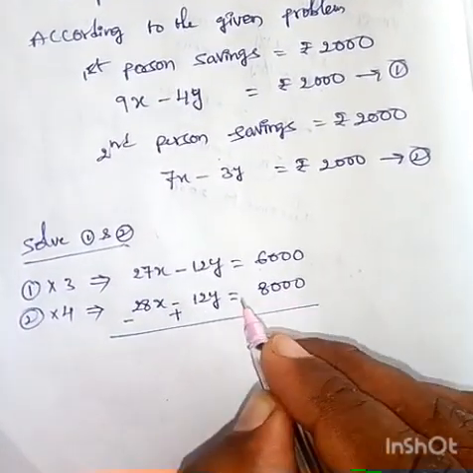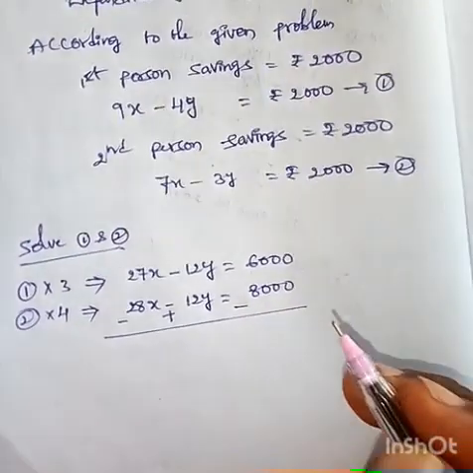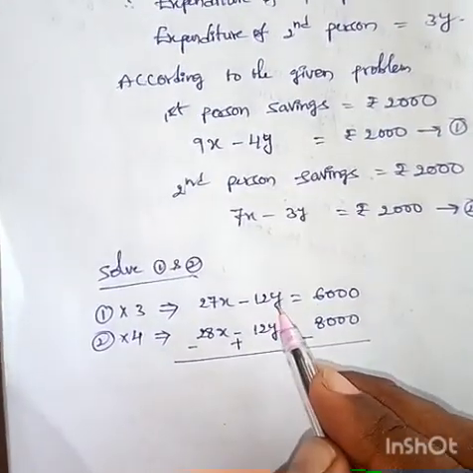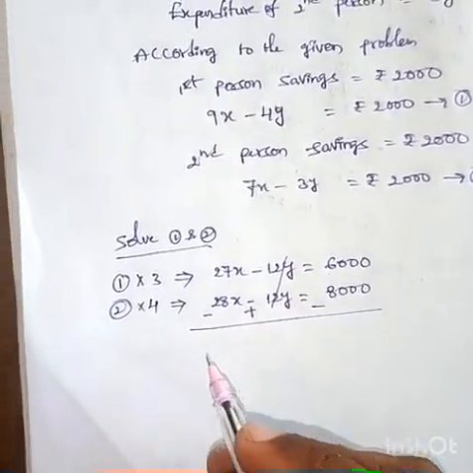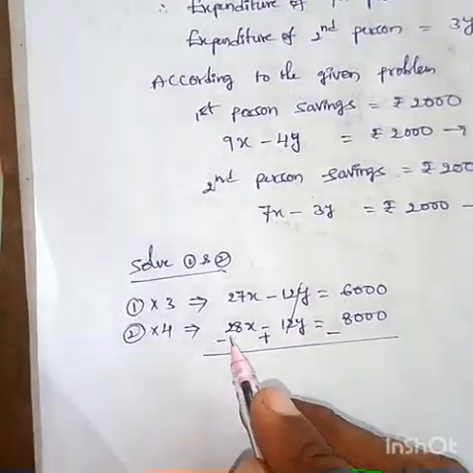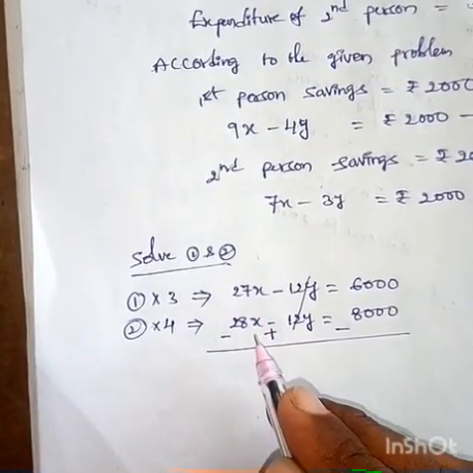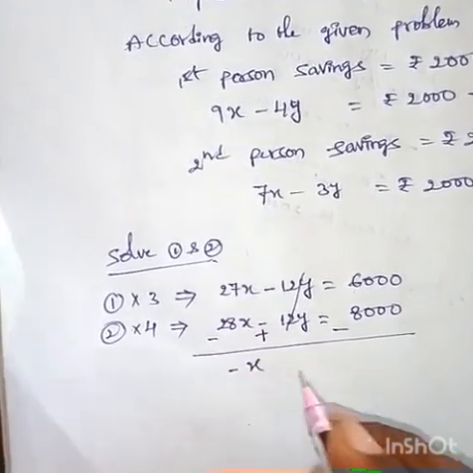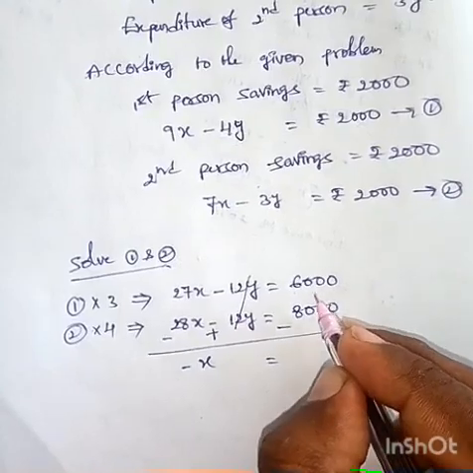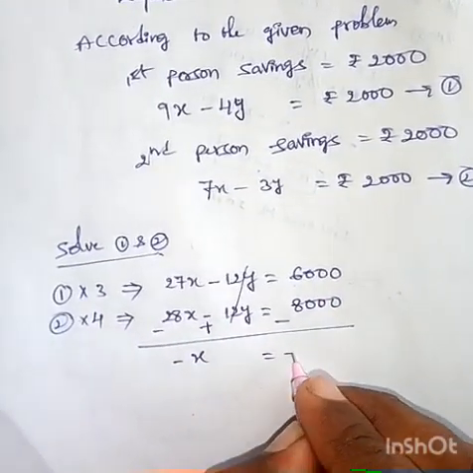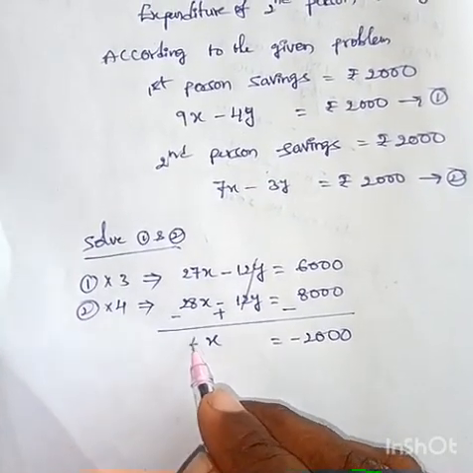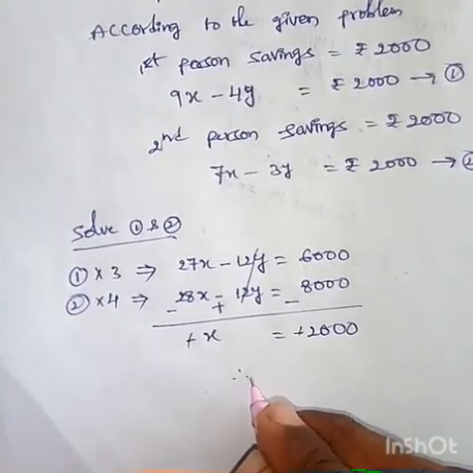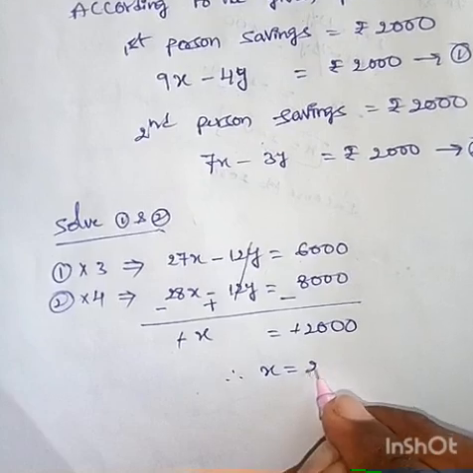And 8000 has plus symbol, so it becomes minus symbol. Here minus 12y and plus 12y get cancelled, and simplify the remaining values. 27x minus 28x, the result is minus x, is equal to 6000 minus 8000, the result is minus 2000. Here minus minus get cancelled, so finally the x value is 2000.